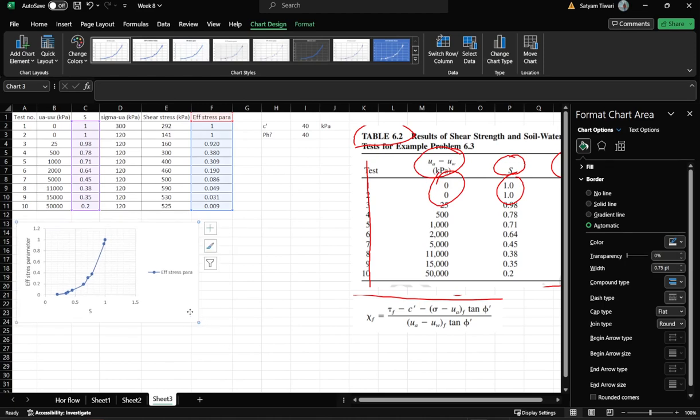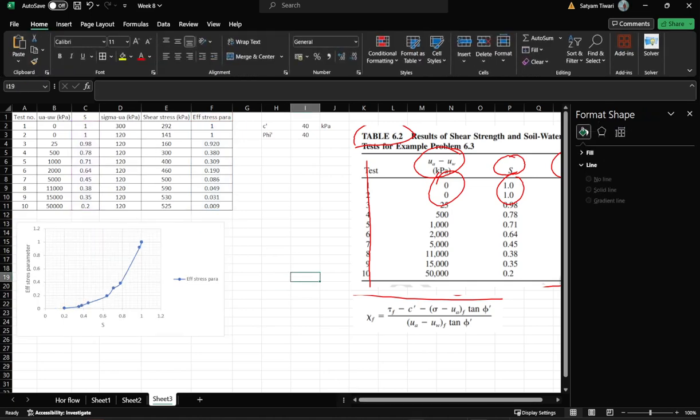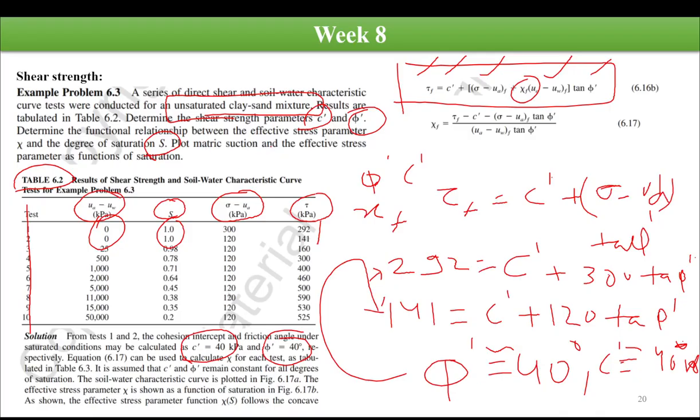Then we need to make some other plots also. Those are between the plot matrix section and the effective stress parameters as a function of saturation.